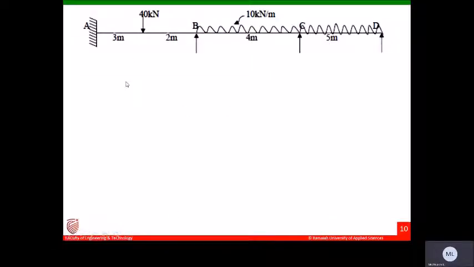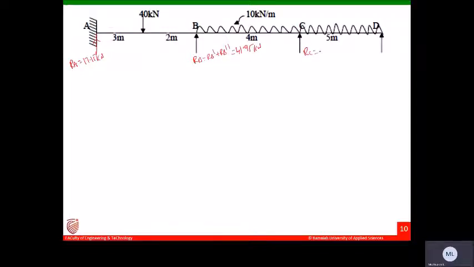Now you already calculated. So here I got RA equals to calculated 17.15 kilonewtons. Similarly, RB will be RB dash plus RB double dash, so we got 41.95 kilonewtons.